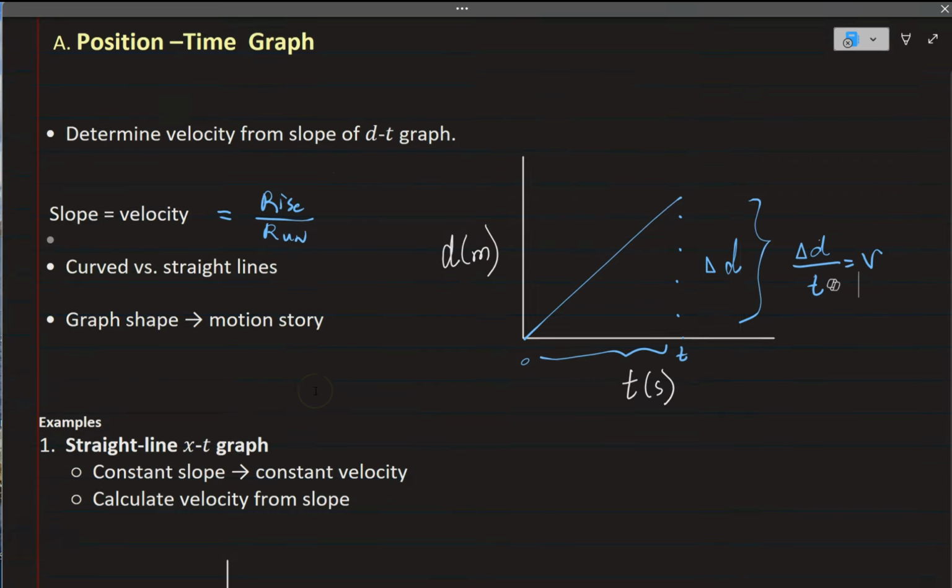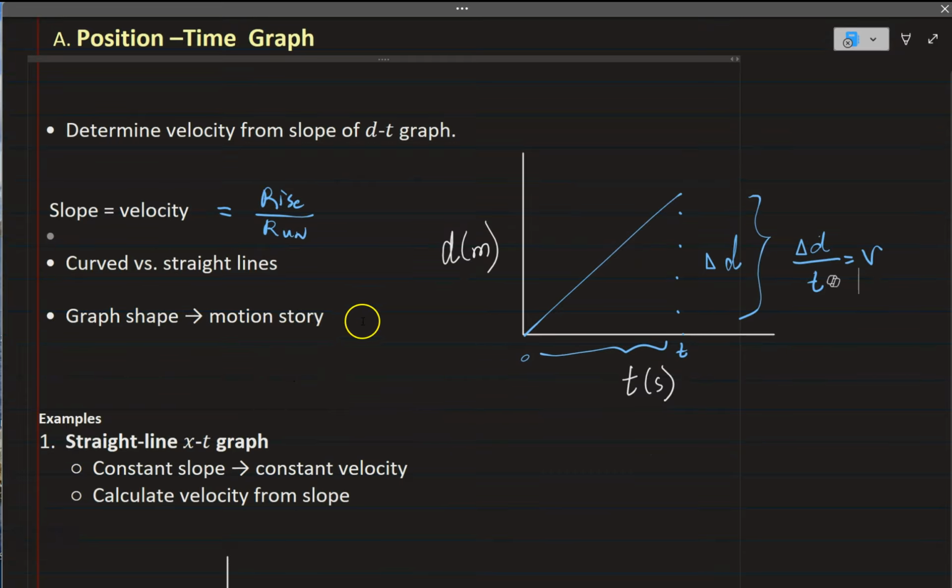Now, we can have curved versus straight lines. In this case, this is a straight line. That means that it's got a constant velocity because the slope is constant throughout this movement. But if the graph is curved, that means that the velocity is changing at any given moment. And that's why you're going to see a curve graph.